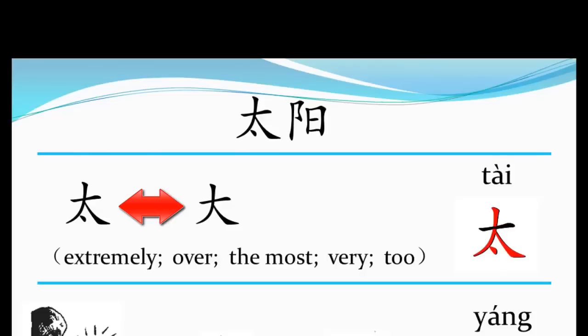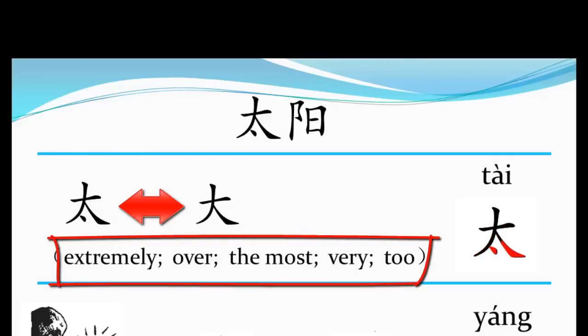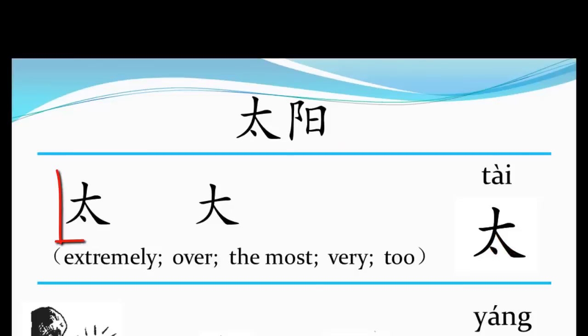In 甲骨文, Tai and 大 actually are the same character. They have the same meanings. But when time passed, Tai changed to other meanings: extremely, over, most, very, too. You can use 太 and 大 to make the word 太大.